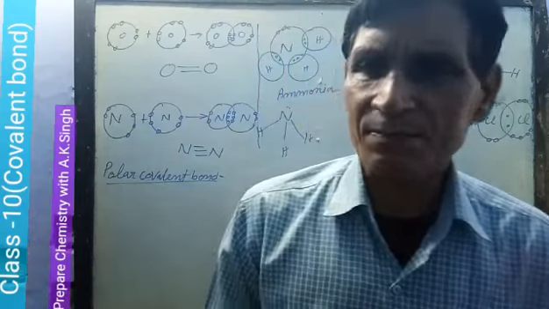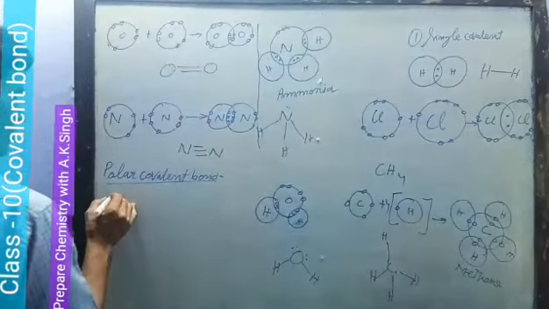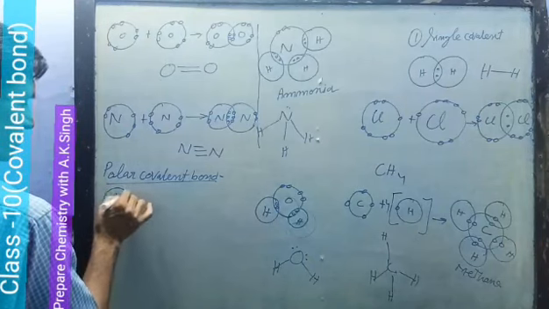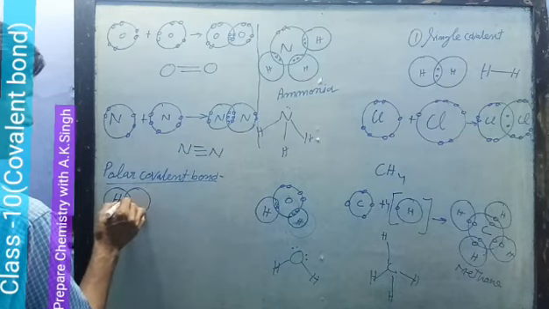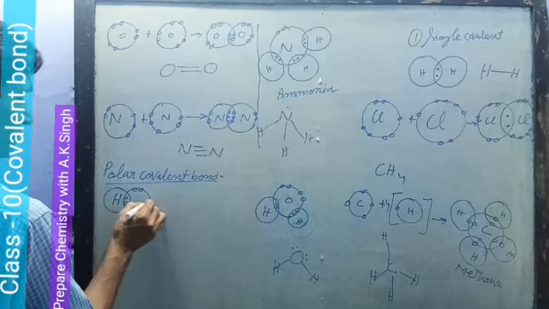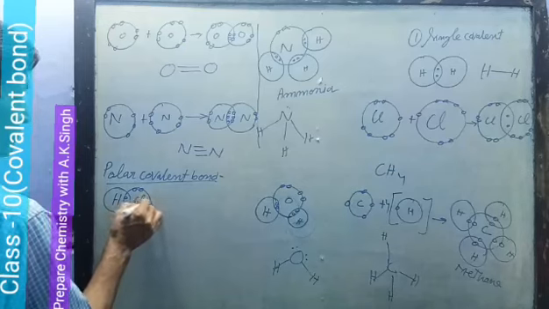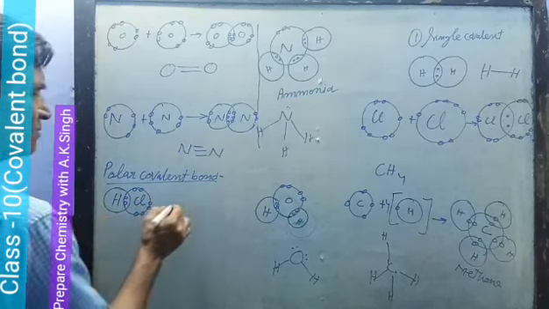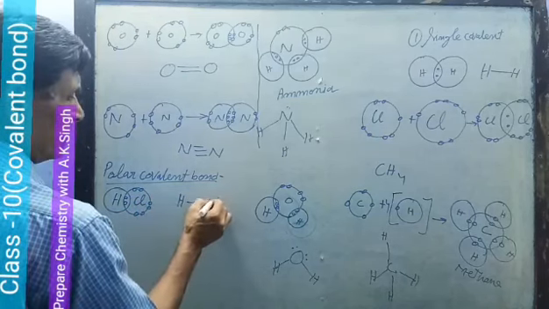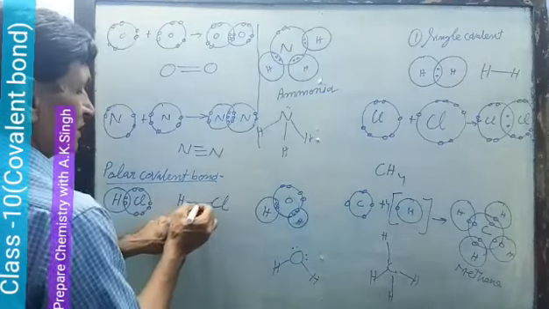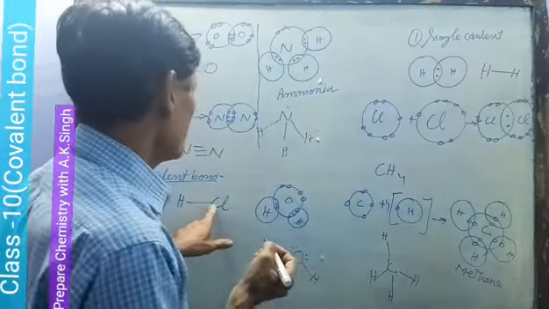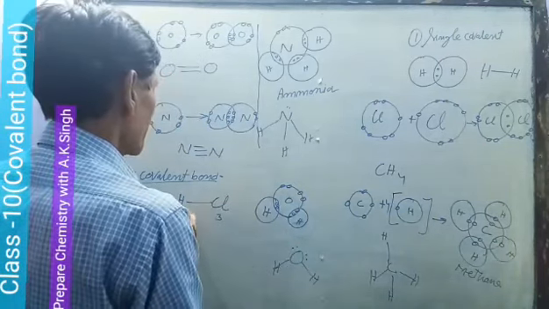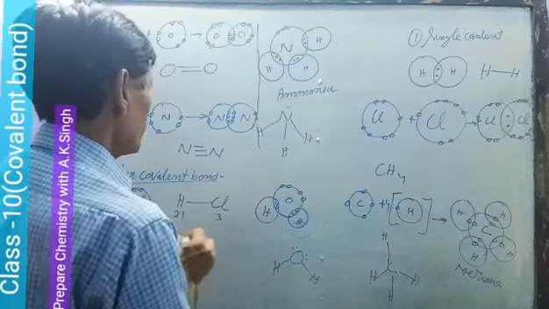Let us see some examples, like hydrogen chloride. In this hydrogen chloride molecule, the covalent bond, the shared pair of electrons is attracted more towards the chlorine atom because its electronegativity is around 3 and hydrogen's electronegativity is around 2.1.